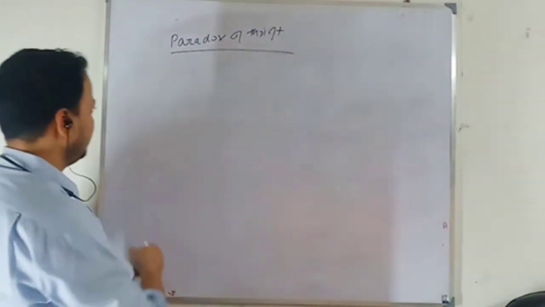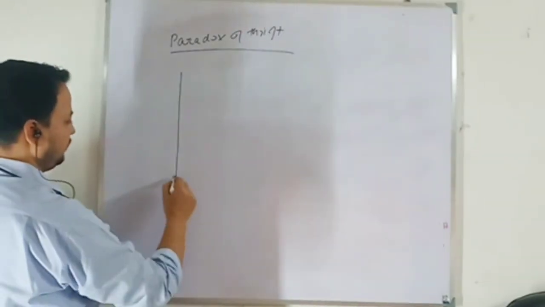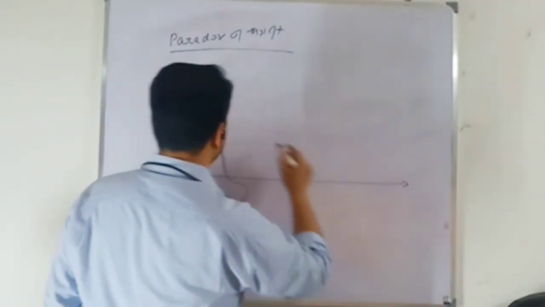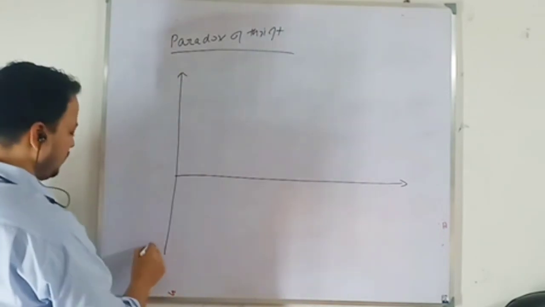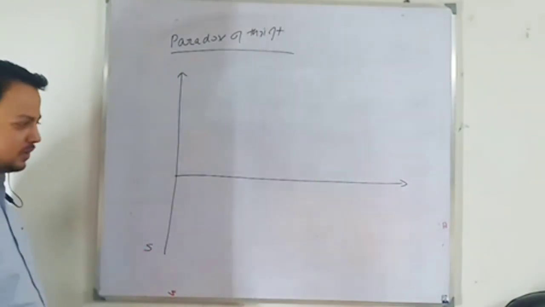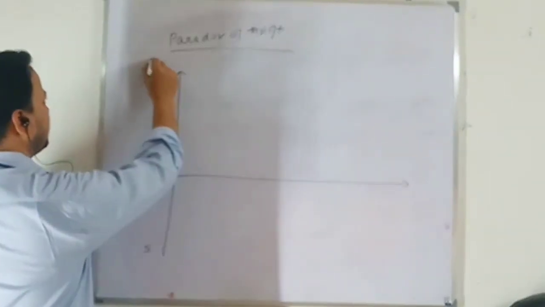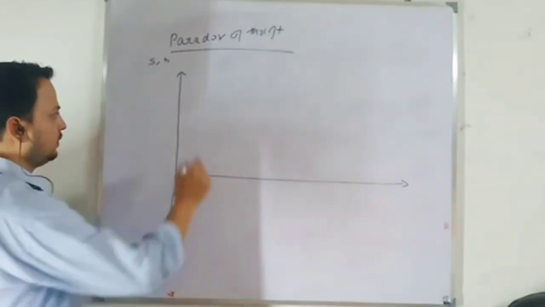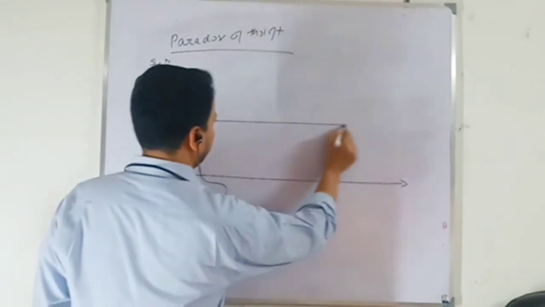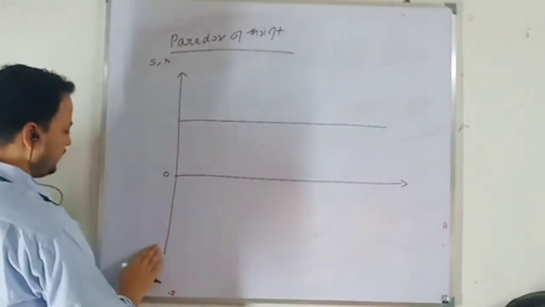Let's look at it simply in the graph. Here I am starting with saving, and here you have saving and investment. I am starting from a negative point. This is your investment. Here you have 0, so this is the negative quadrant.